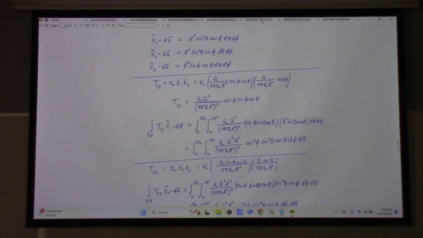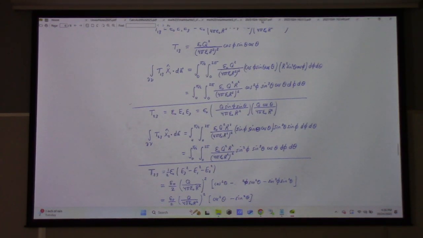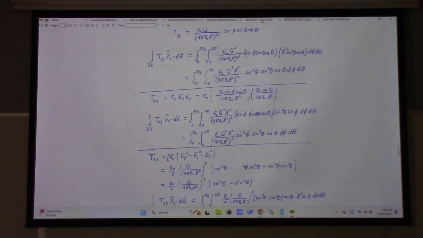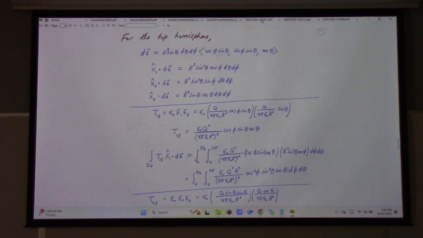We worked it out, and so you calculate the parts of the bowl. You get what I've got here and here. You know, this is all coming from, first of all, the dA dotted with x1 hat, x2 hat, x3 hat, which picks out those cosines and sines as appropriate, and the radius squared, right?